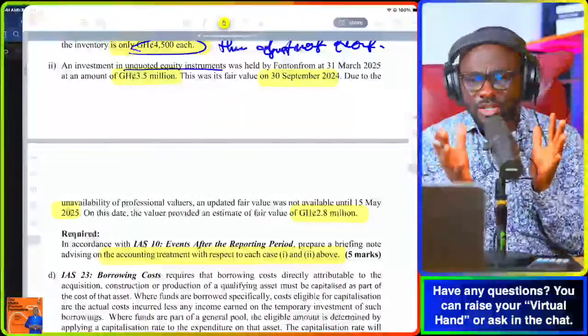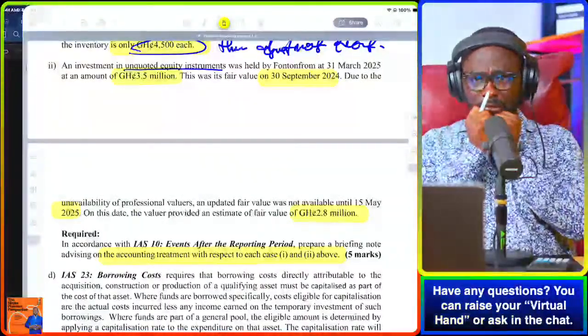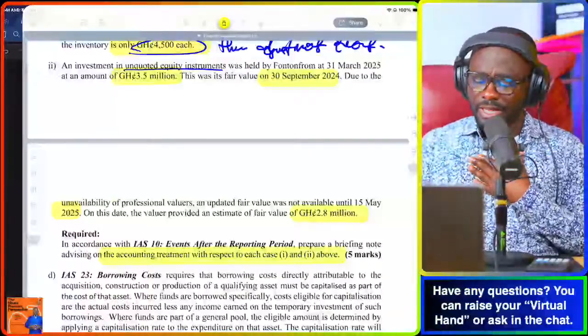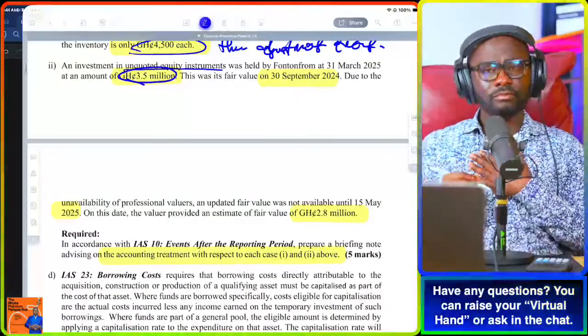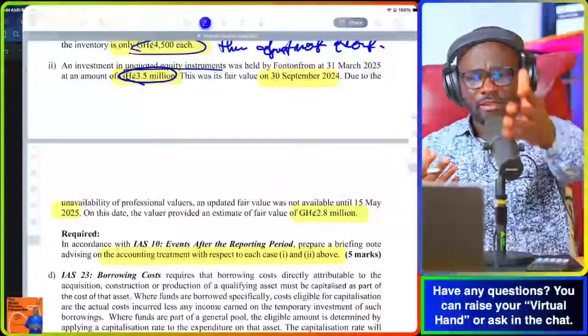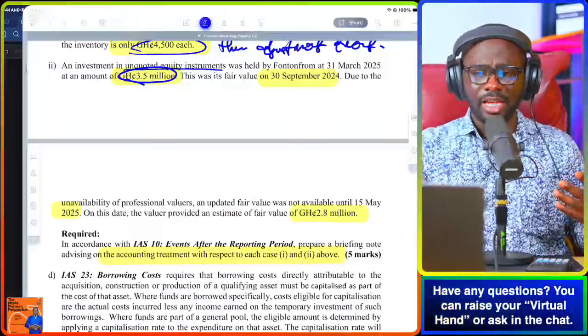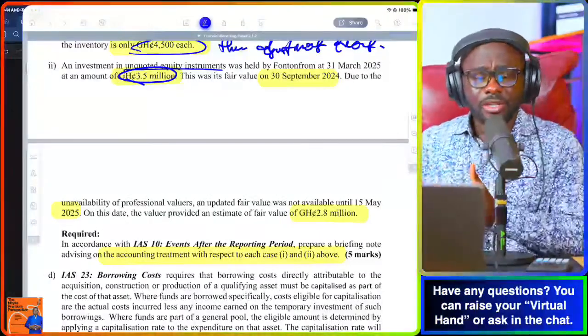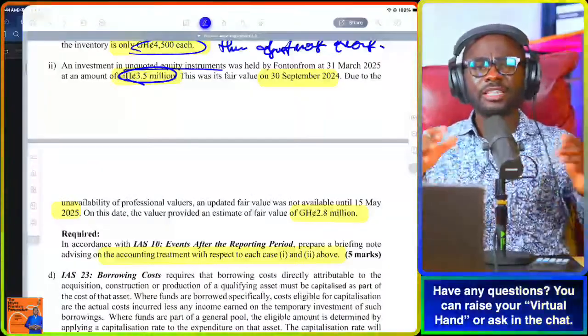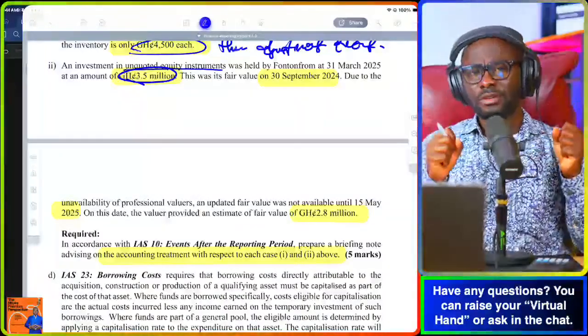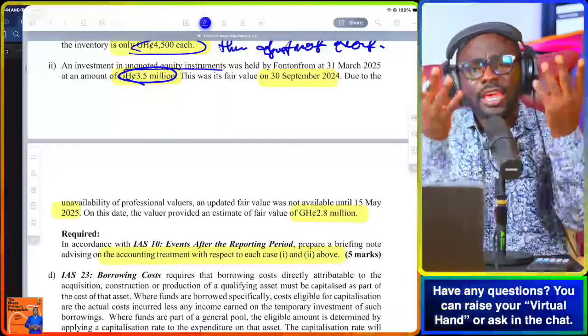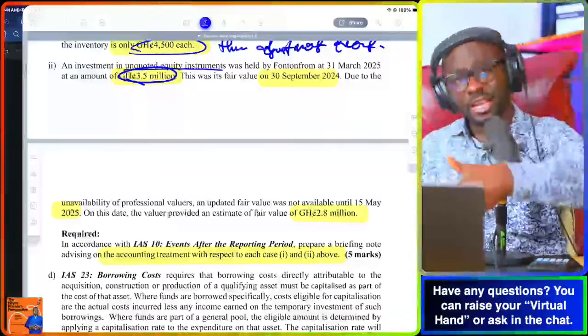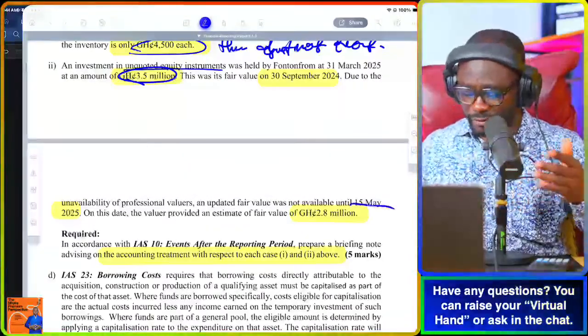So if you look at this story here, the entity is carrying the investment at 3.5 million. But the investment would have to be remeasured at the reporting date. But we are being told that at the reporting date, there was no valuer available. The valuer only came in after the reporting date on 15th of May.